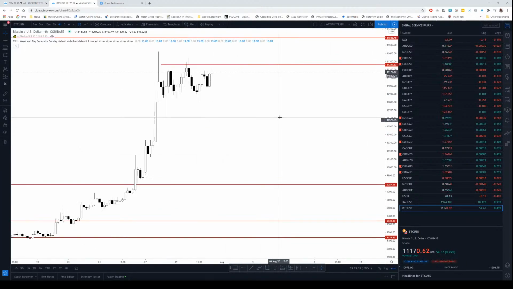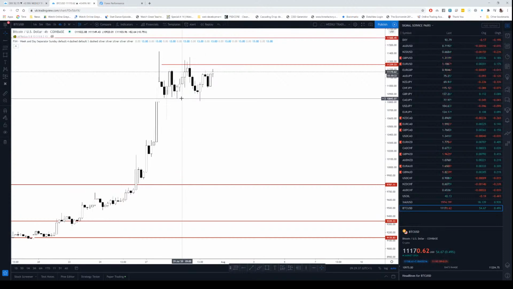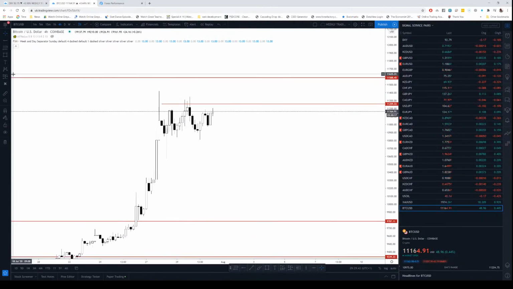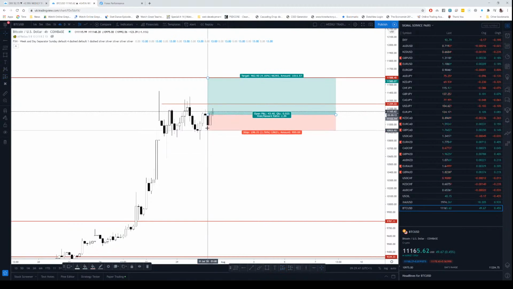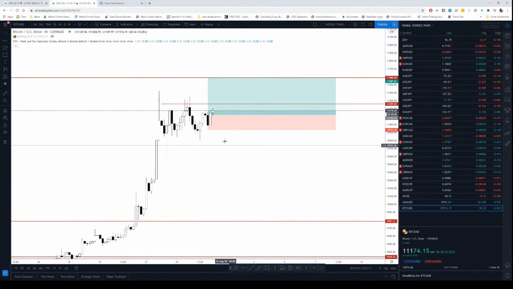Let's look on the 4-hour. We ran this low, rejection, retracement. I think it still looks bullish. I just don't like crypto because they are crazy. So this is a trade idea you can take advantage of now, targeting this high. That's the next upside objective. They have run down.